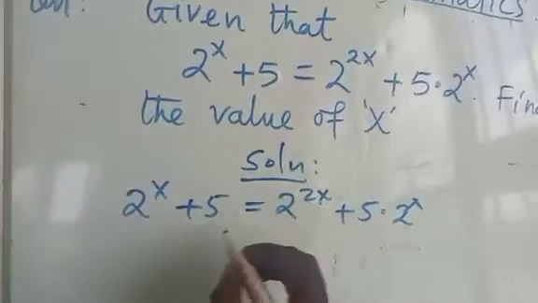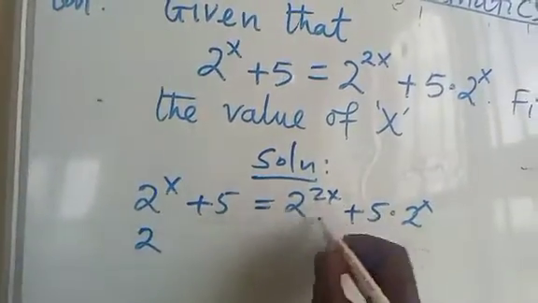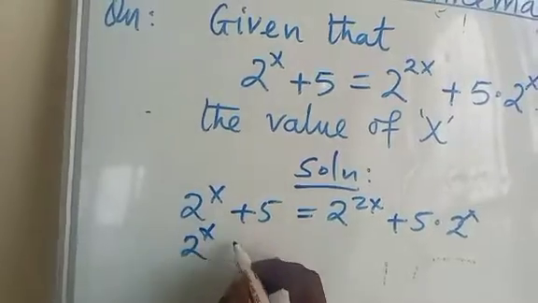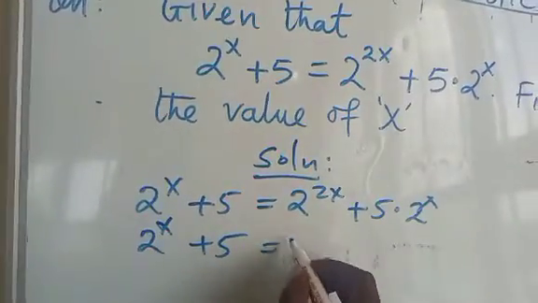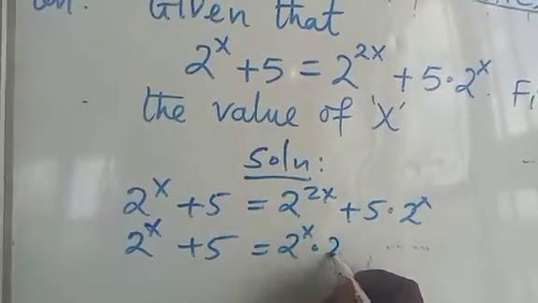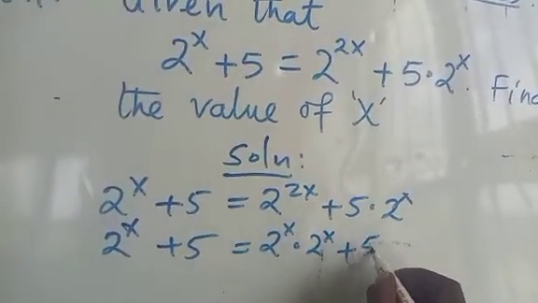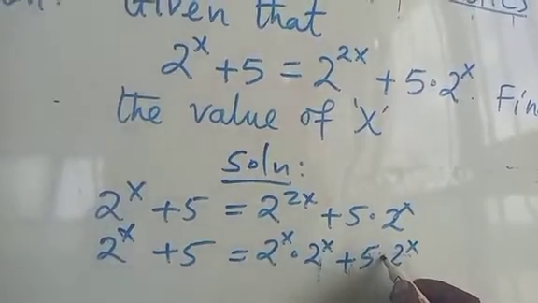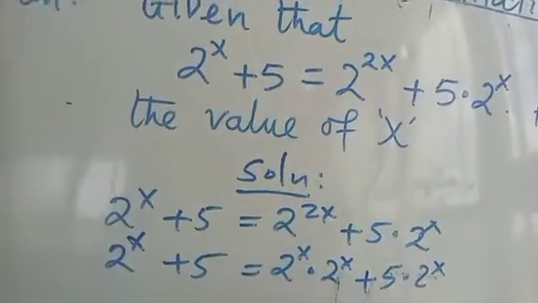So we can simplify it by expanding this to 2^(2x). So this one will be 2^(2x) + 5 = 2^x times 2^x + 5 times 2^x. This dot means times, or multiplication.